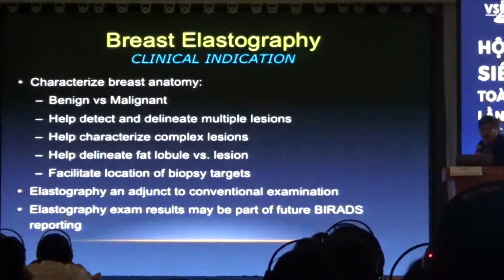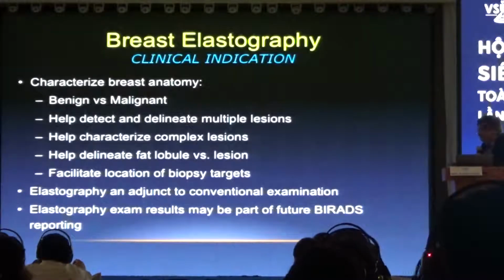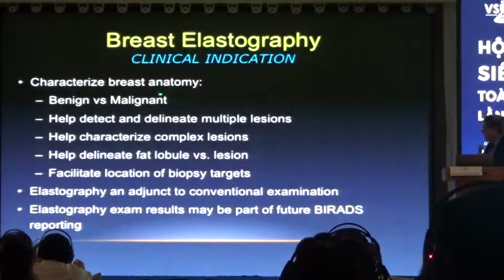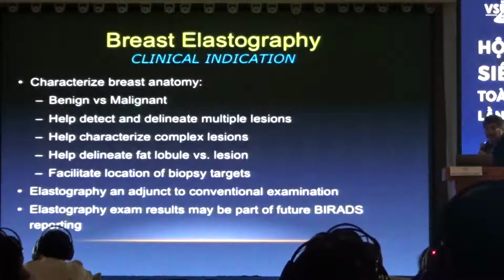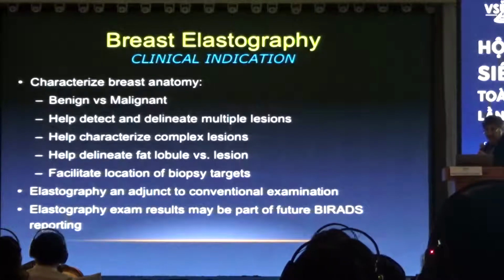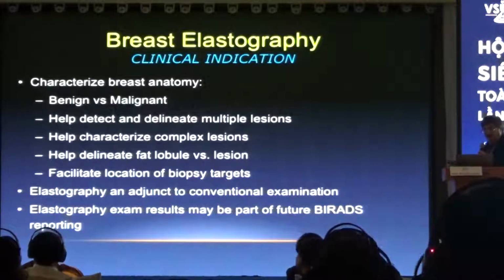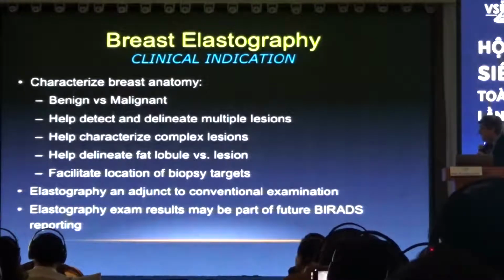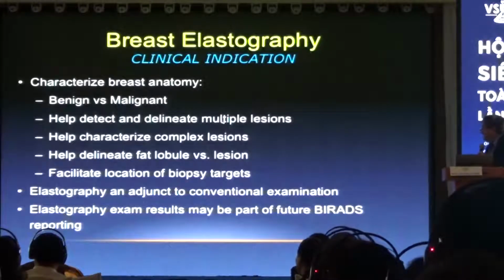So where do we use elastography? We can characterize lesions as benign or malignant. Again, I use the E to V mode ratio. On shear wave, we use greater than 4.5 meters per second, or 60 kilopascals, as our cutoff. You can help detect and delineate multiple lesions.